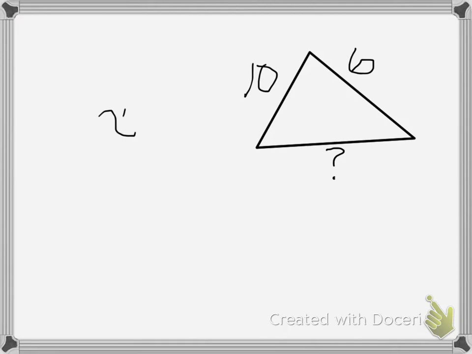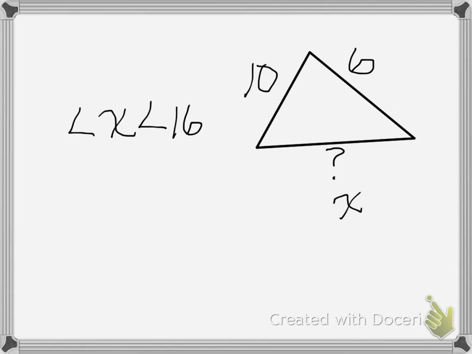So put your x in the middle, and then that x is going to be related to the missing sides, right? So it's going to be between two values. If you add the 10 and the 6 together, you get 16.